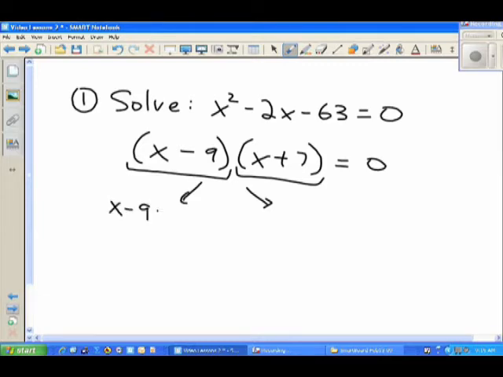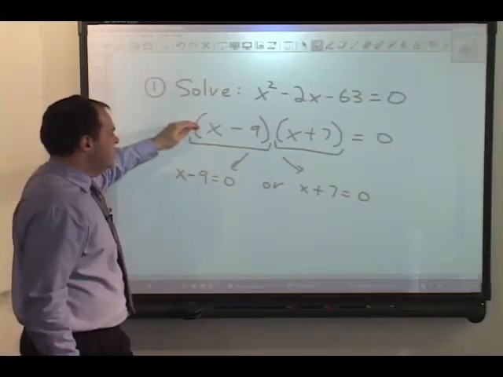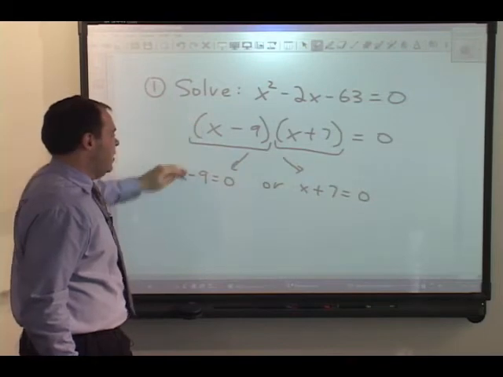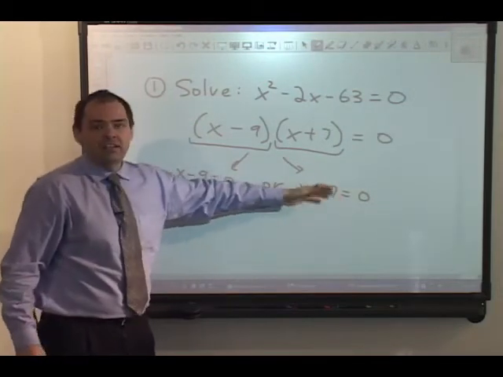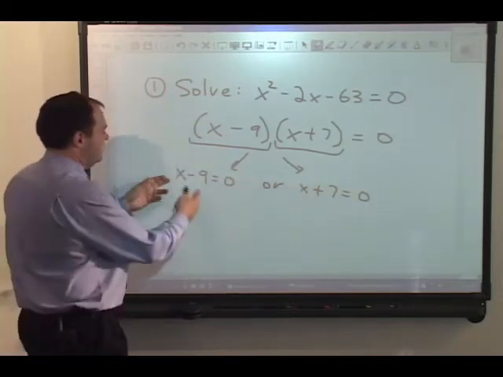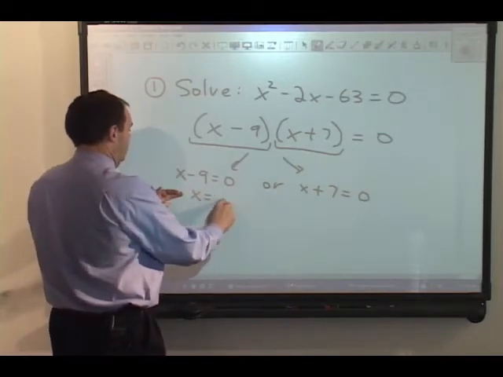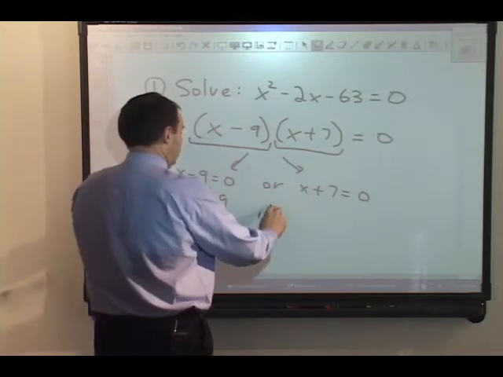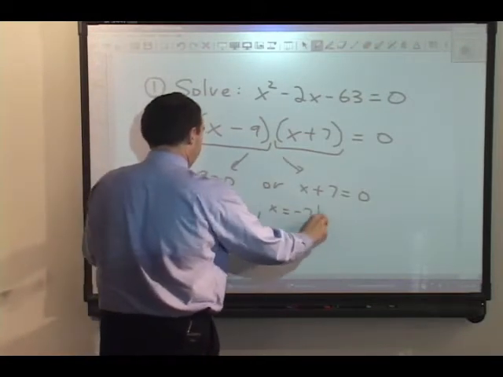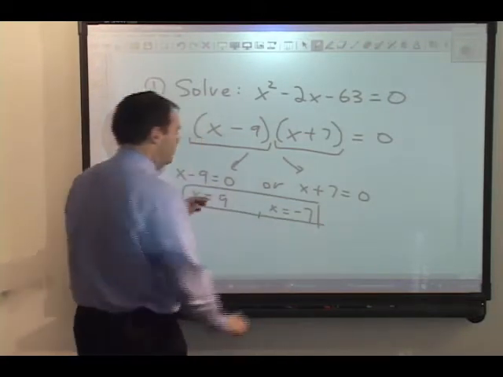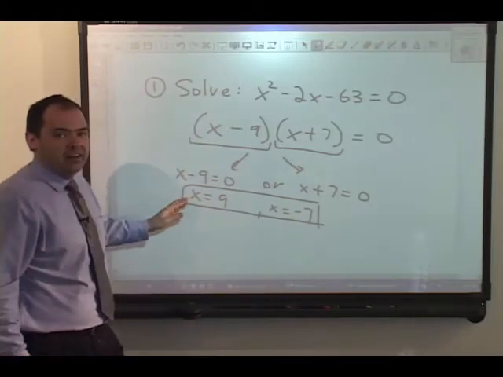X minus 9 must be 0, or x plus 7 must be 0. You'll notice that through factoring, we've broken our quadratic equation down into two mini linear equations, which we can then easily solve. What number would make this 0? 9 would. And over here it would be negative 7. And we have two solutions for our quadratic equation.